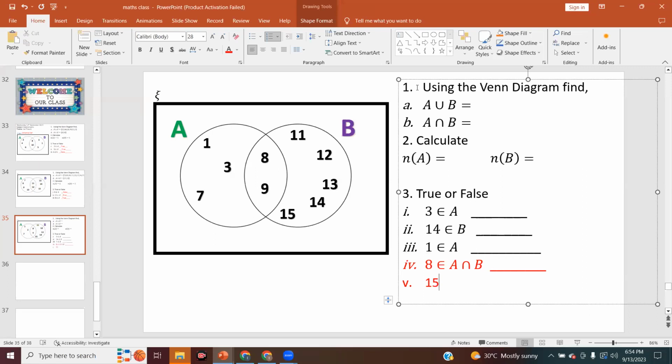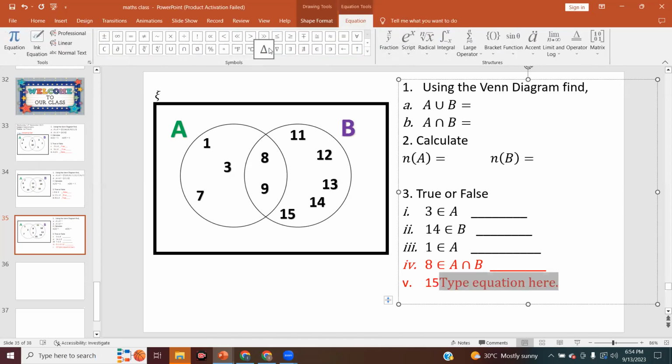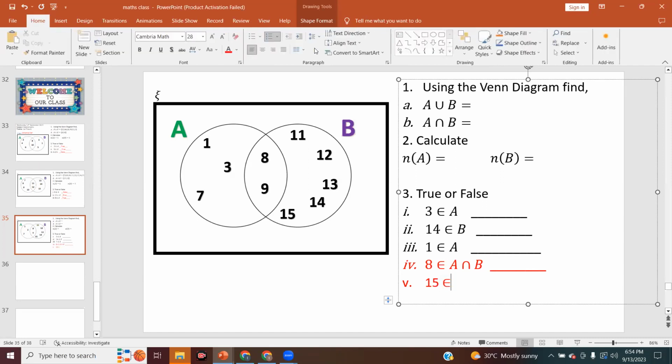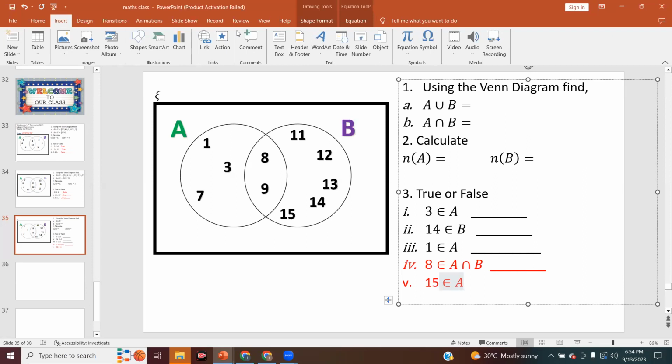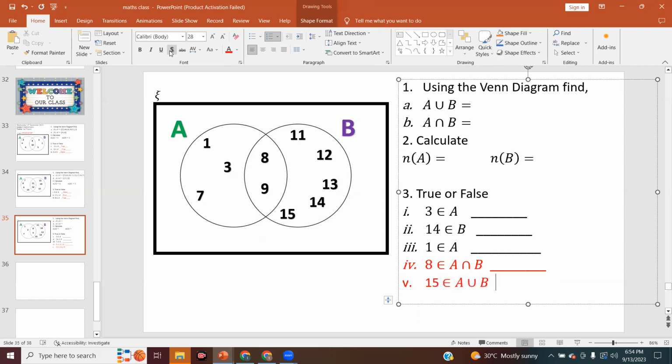15 is an element of... N is an element of A union B. What is that?